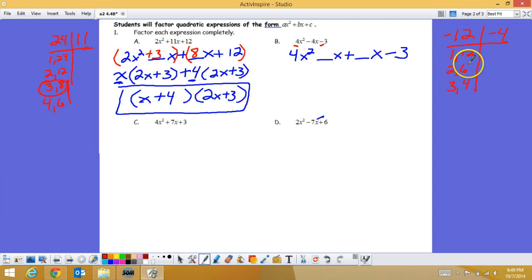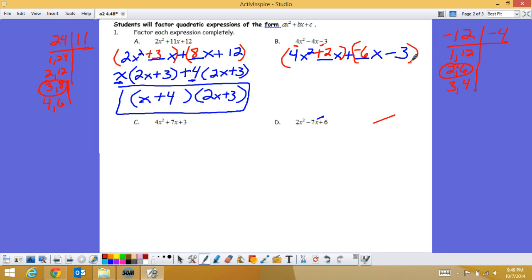The only two pair of numbers here that we can manipulate to get negative 4 somehow is the 2 and the 6. And the way we get the negative 4 is if negative 6 was the negative number and 2 was the positive number. So we could put in plus 2 and negative 6. And we're going to group the first two and the last two.